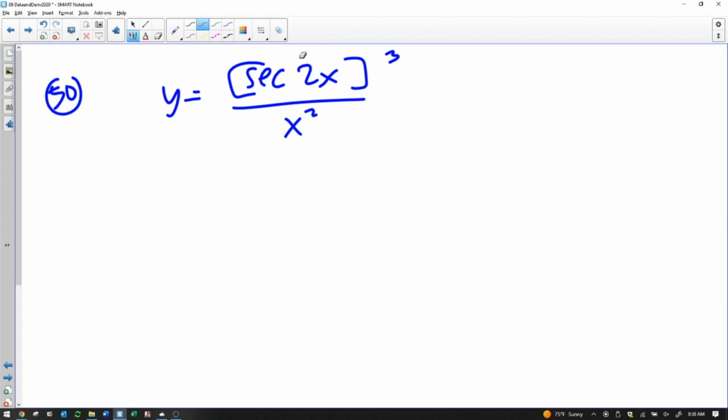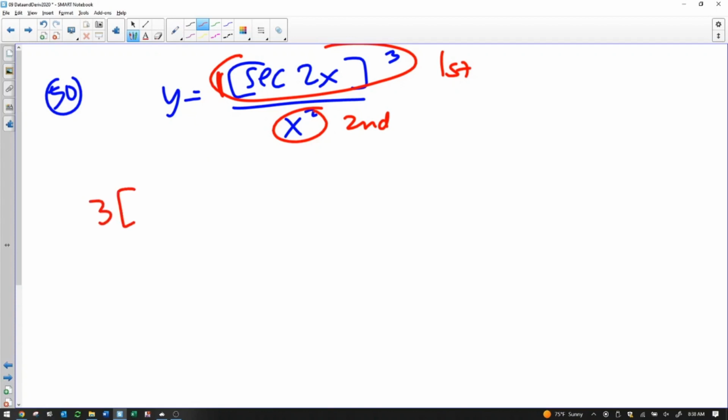All right. So this would be the first. Okay, and this will be the second. So we're going to say the derivative of the first. This first, do you see, is a power rule. So it's going to be 3 times 1, which is 3. Leave the inside alone. Take the power down by 1. When I say leave the inside alone, I mean leave him alone, guys. Okay? Then you multiply by the derivative of secant u.